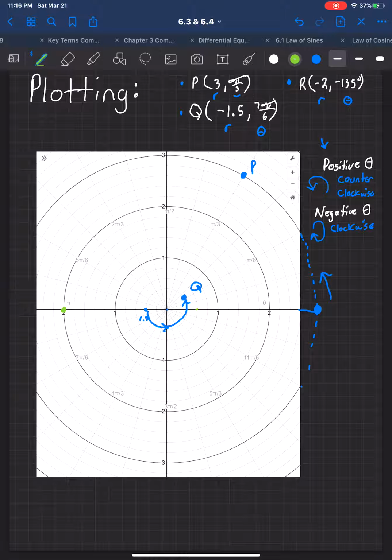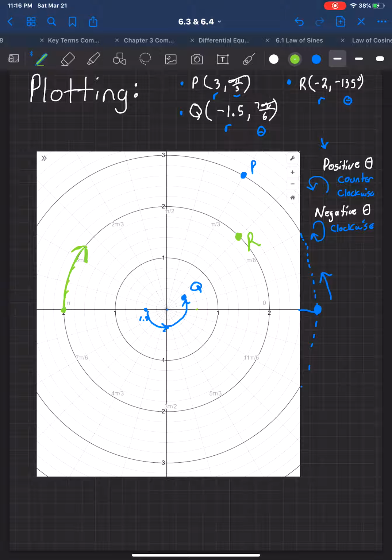But because theta is negative, right? A negative angle means we're going to rotate clockwise. So we're going this way, right? And we need to rotate an entire 135 degrees, which should put me about here. That actually right there is correct. And that's R.